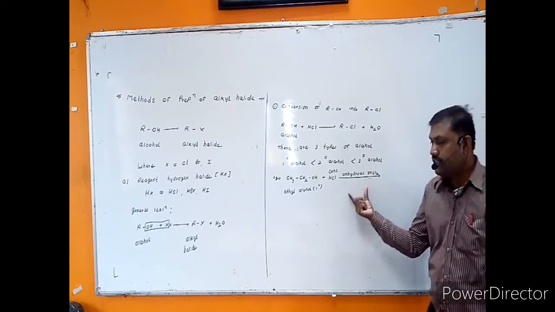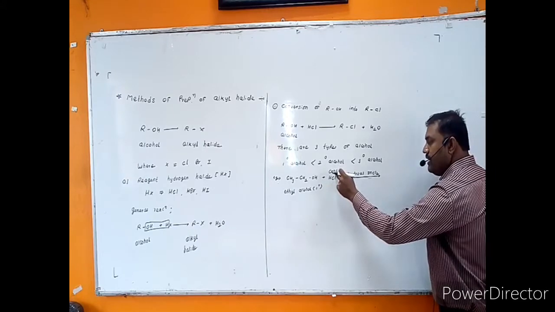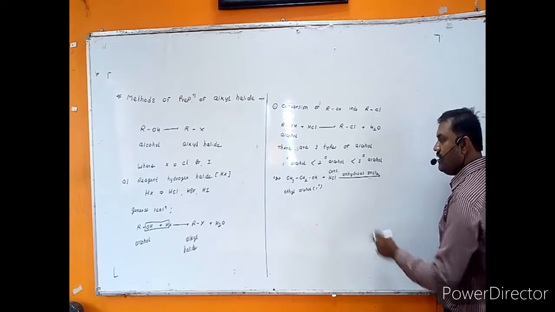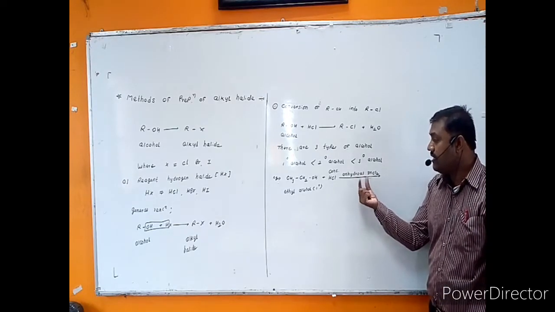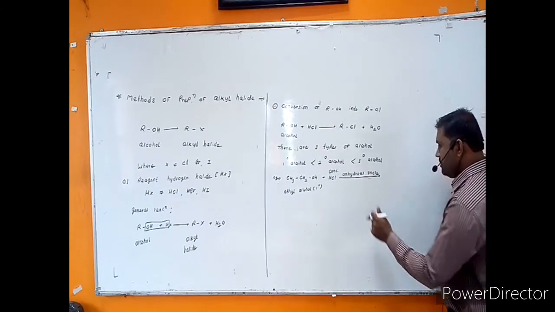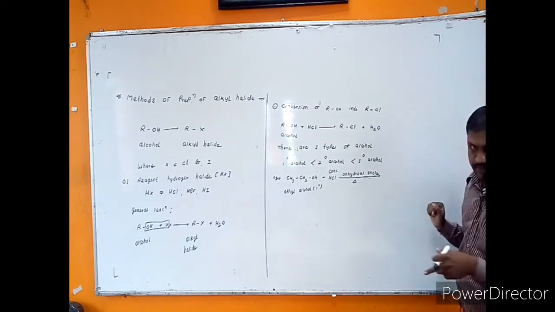Anhydrous ZnCl2. Clear? So primary alcohol when treated with concentrated HCl, this reaction we have to carry out in presence of catalyst anhydrous ZnCl2, zinc chloride, and heat all these mixture together.